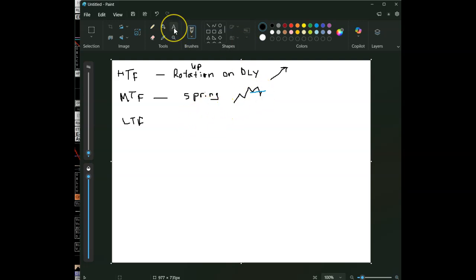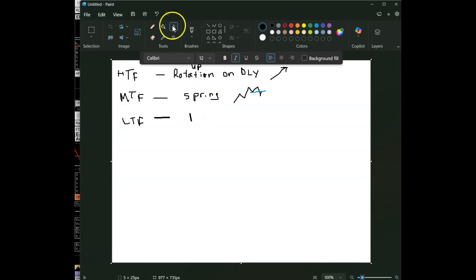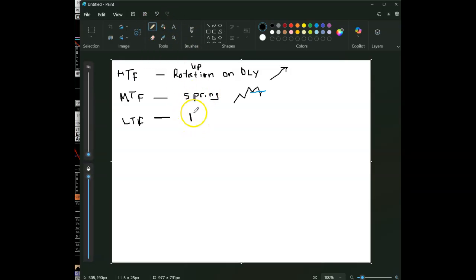And on lower time frame, you have your change of behavior. All right. So on the higher time frame is your daily, and you have an up rotation.